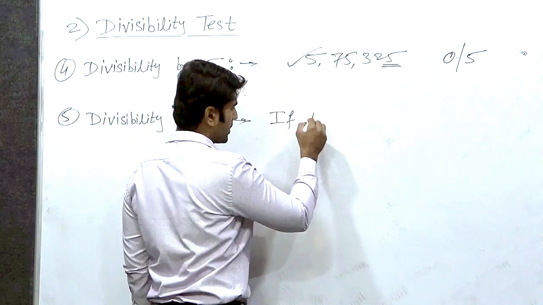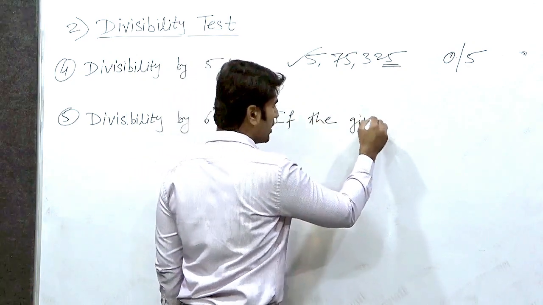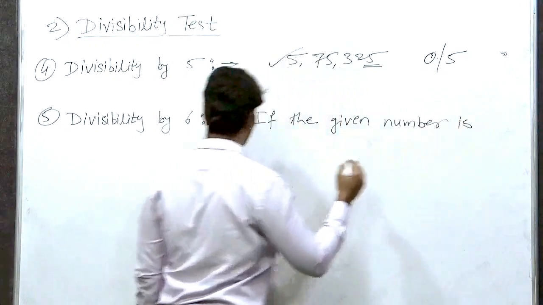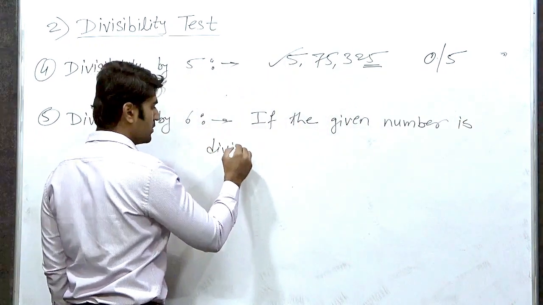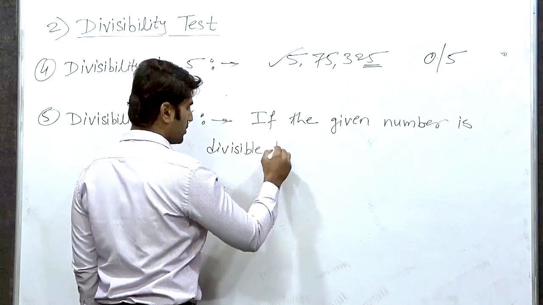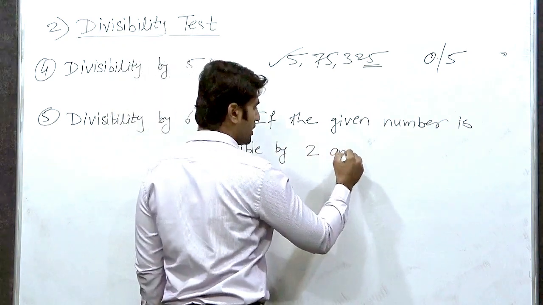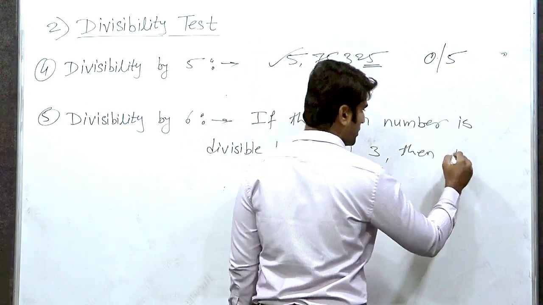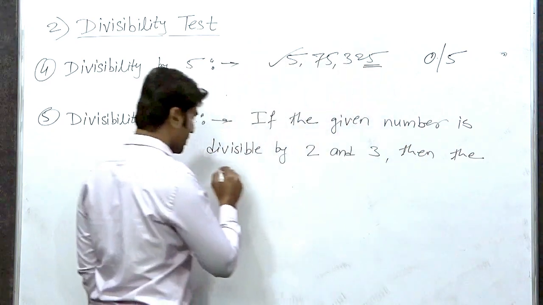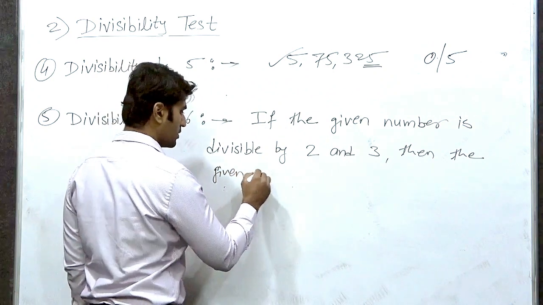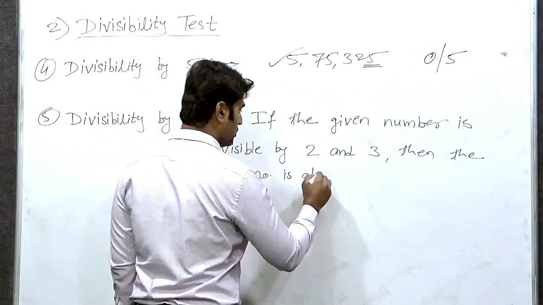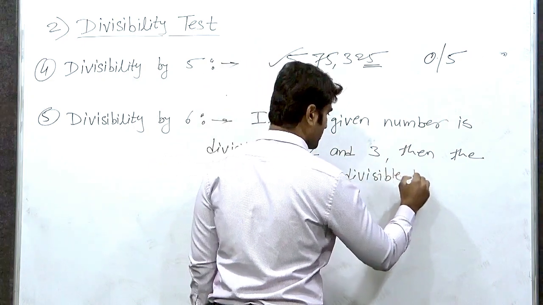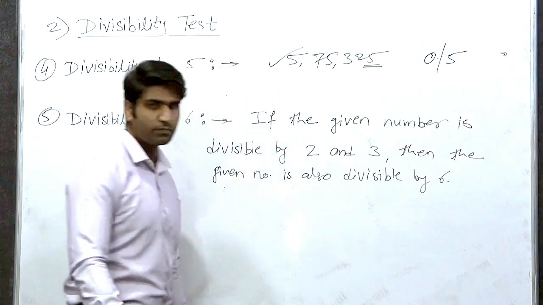If the given number is divisible by 2 and 3, then the given number is also divisible by 6.